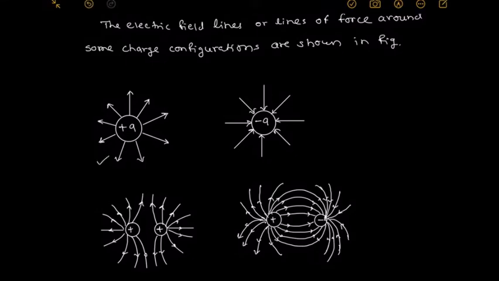Secondly, if we consider the negative charge, that charge is also surrounded by electric field lines. These electric field lines due to the negative charge are represented by straight lines, and all those lines are terminating towards the charge.